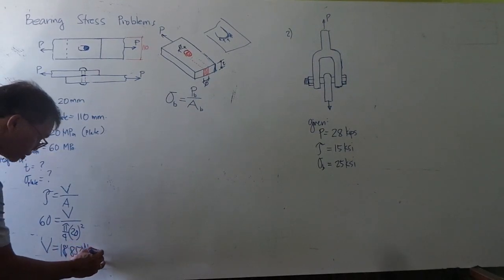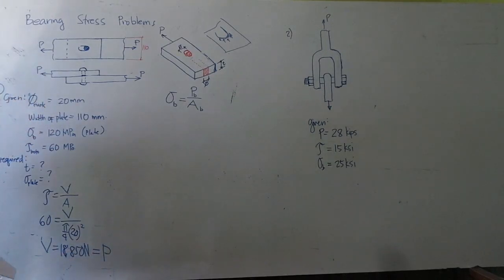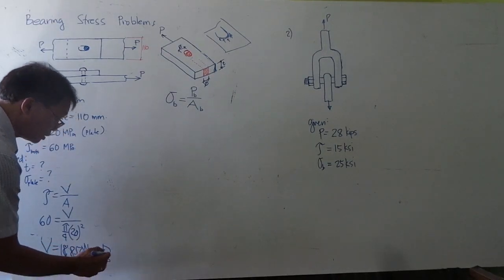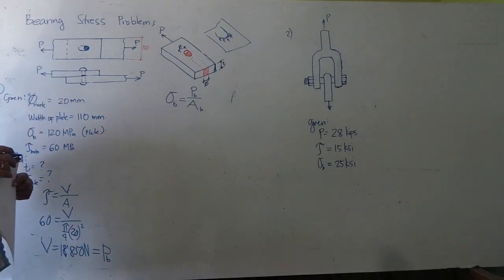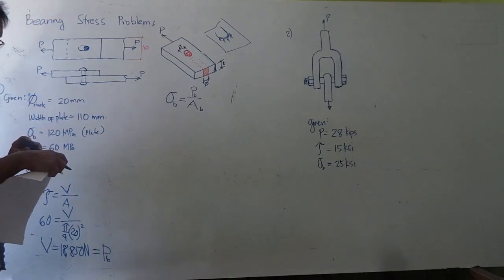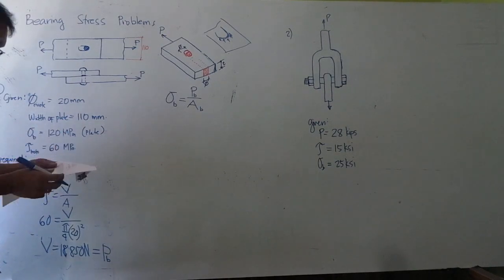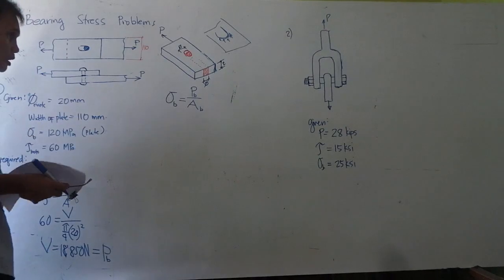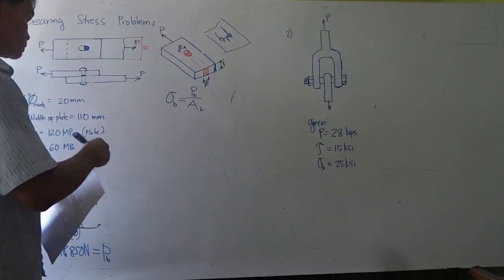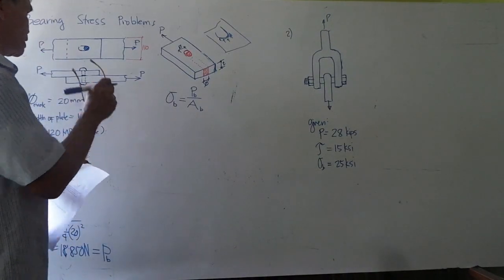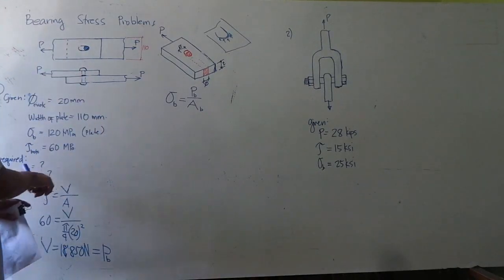This is also equivalent to your PV, the force that causes bearing on the plate. From the bearing formula of the plate, we are told to determine the thickness of the plate.